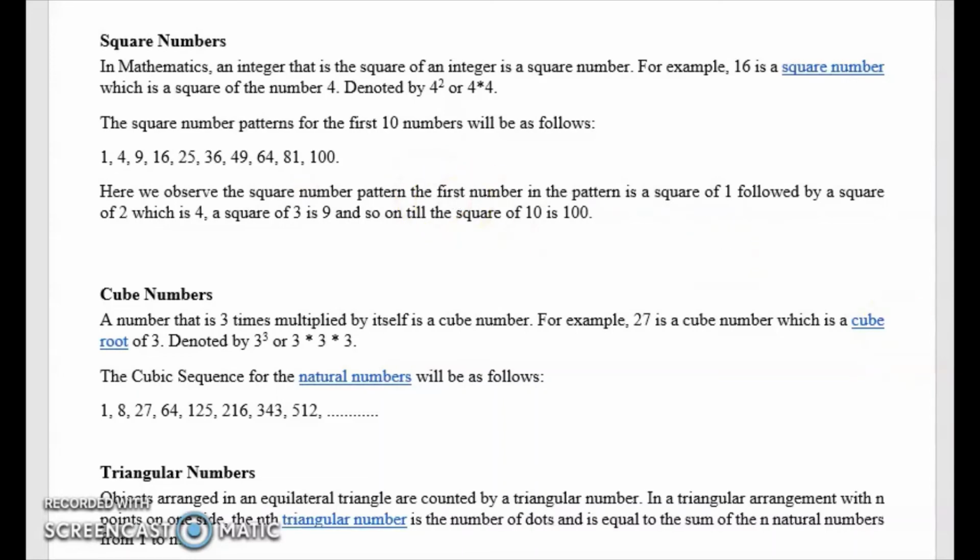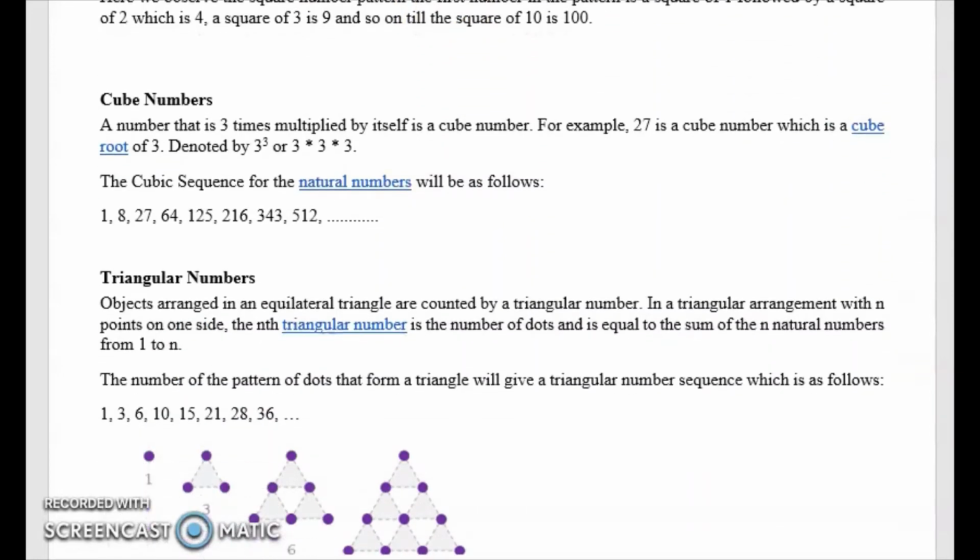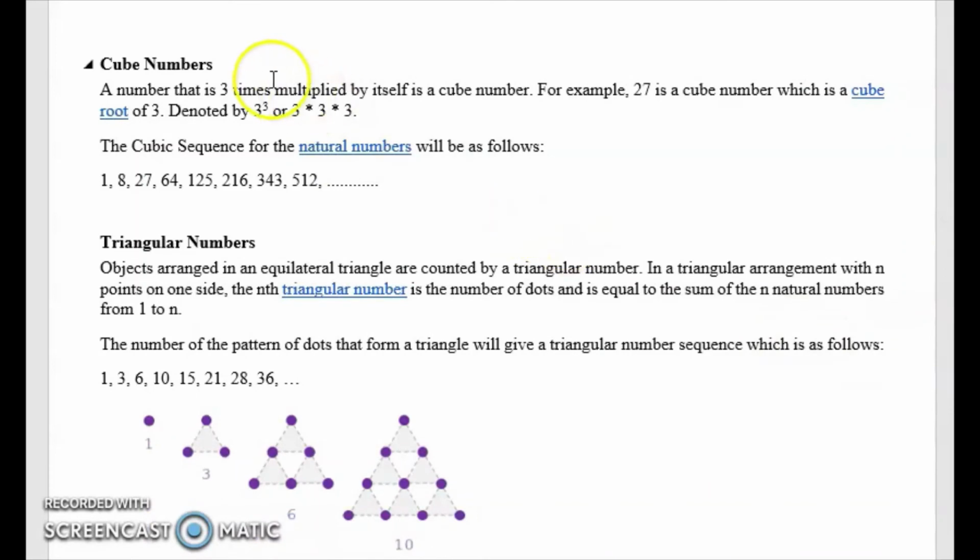Okay? So, next is the cube numbers. Kung kanina, may square numbers, may cube numbers naman. Ibig sabihin ng cube numbers, a number that is multiplied by itself 3 times is a cube number. For example, 27 is a cube number which is the cube of 3, denoted by 3 times 3 times 3 equals 27.